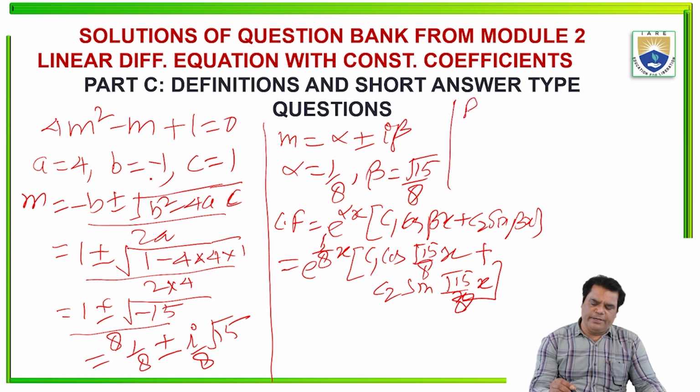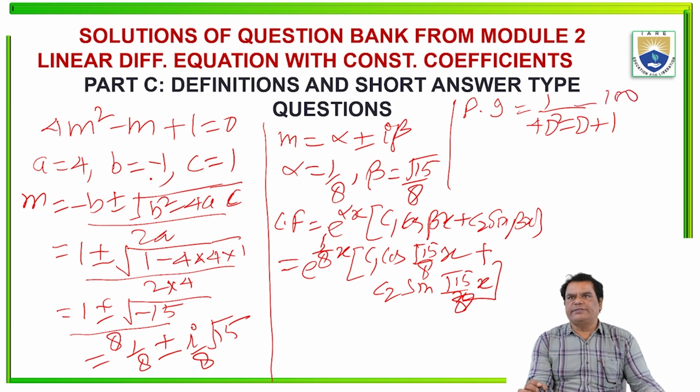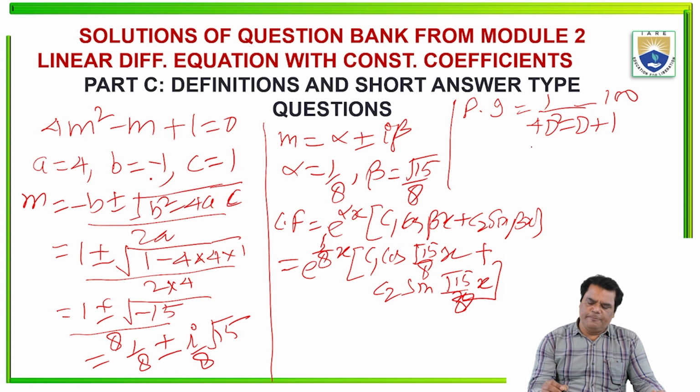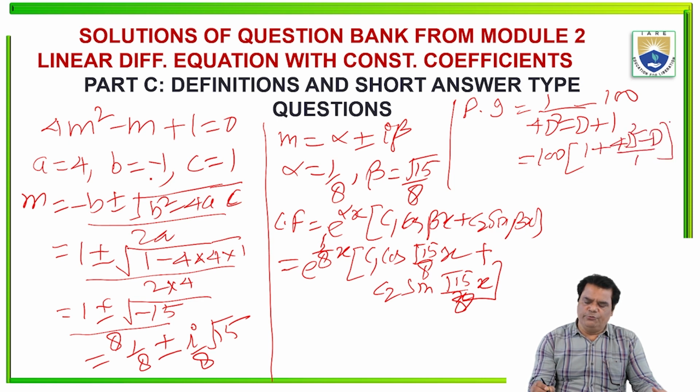PI equals 1 upon 4D square minus D plus 1, into 100. So 100 is constant, taking out, and taking minimum 1 common. So PI is 100 into 1 plus 4D square minus D, whole to the power minus 1, and 1 here.